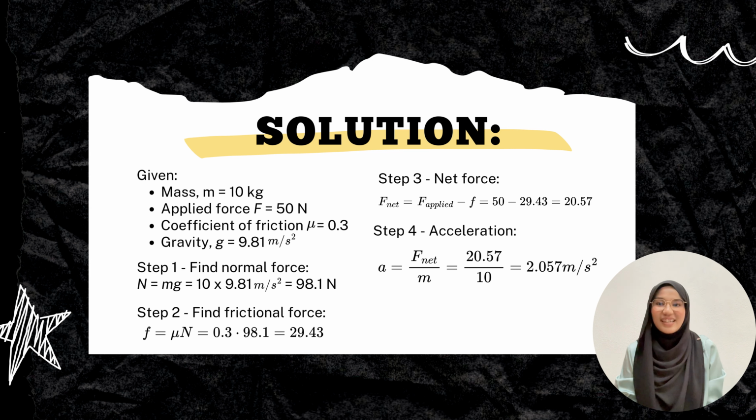And finally, step 4, we use Newton's second law to find the acceleration. Acceleration is force divided by mass. So, we take 20.57 divided by 10 and we get 2.057 meters per second squared. So, the box accelerates forward at exactly 2.057 meters per second squared.